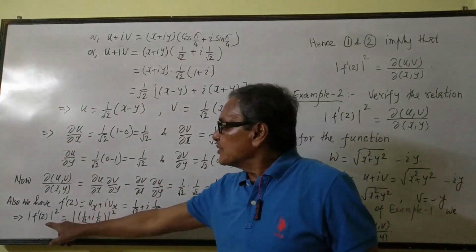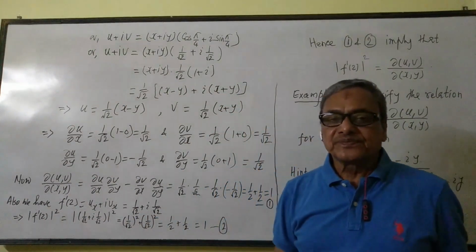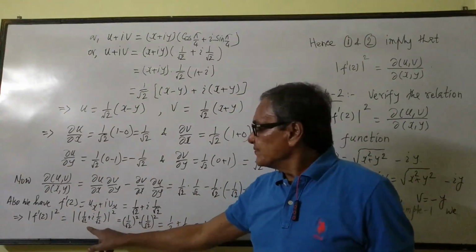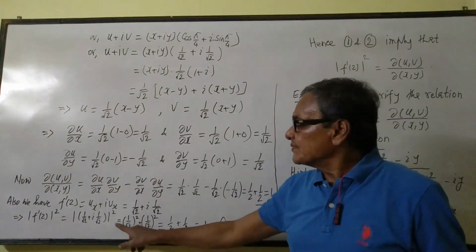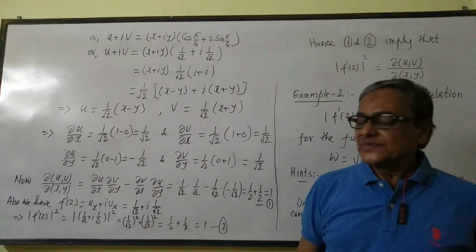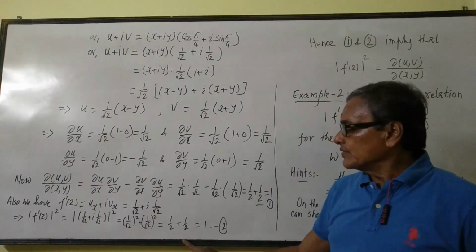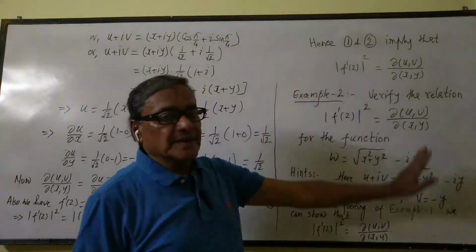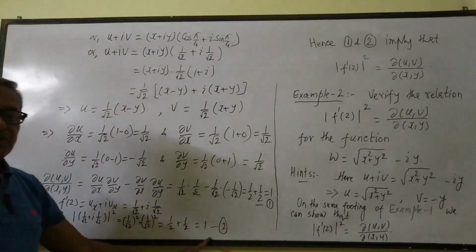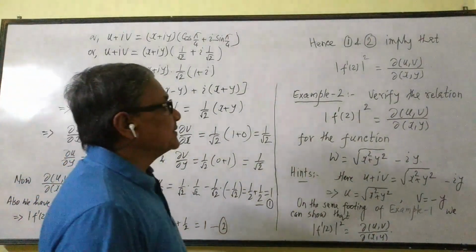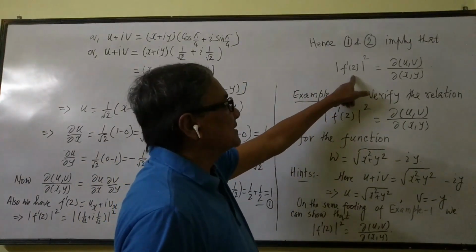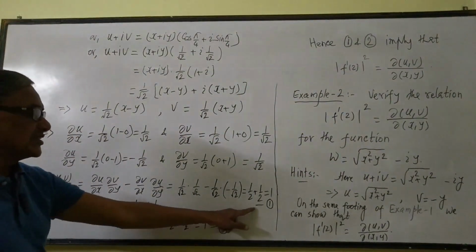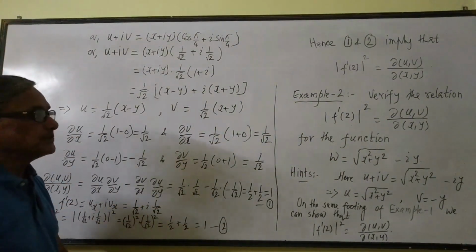On the left side it will be mod f dash z square, and on the right side it will be 1 by root 2 square plus 1 by root 2 square, that is 1 by 2 plus 1 by 2, which is also equal to 1. So this is equation number 1 and equation number 2. Equations 1 and 2 imply that mod f dash z square is equal to del u v upon del x y, because both have equal values, both equal to 1.